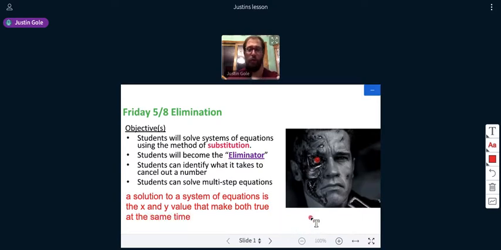This will come in handy a lot when we're doing story problems, when it makes a little more sense than just with variables. We're not doing those today, but just remember that the solution to a system of equations is when both of the equations are true using that x and y value.